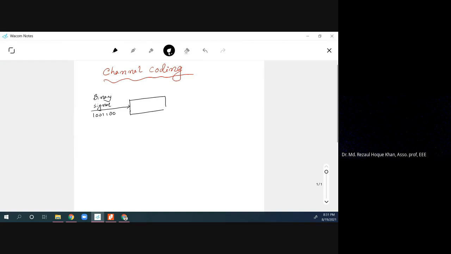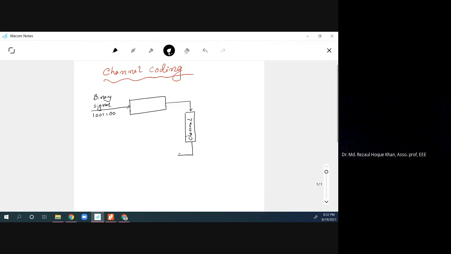We'll name this block later. This is the simplest form of a schematic communication diagram. So this will be a channel. Channel can be wired or wireless, whatever.